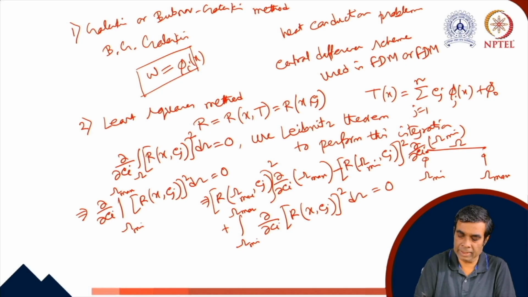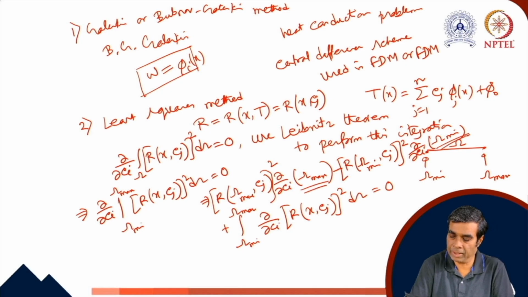This is the condition. Now omega max and omega min are fixed coordinates, and because of that these two derivatives are 0.